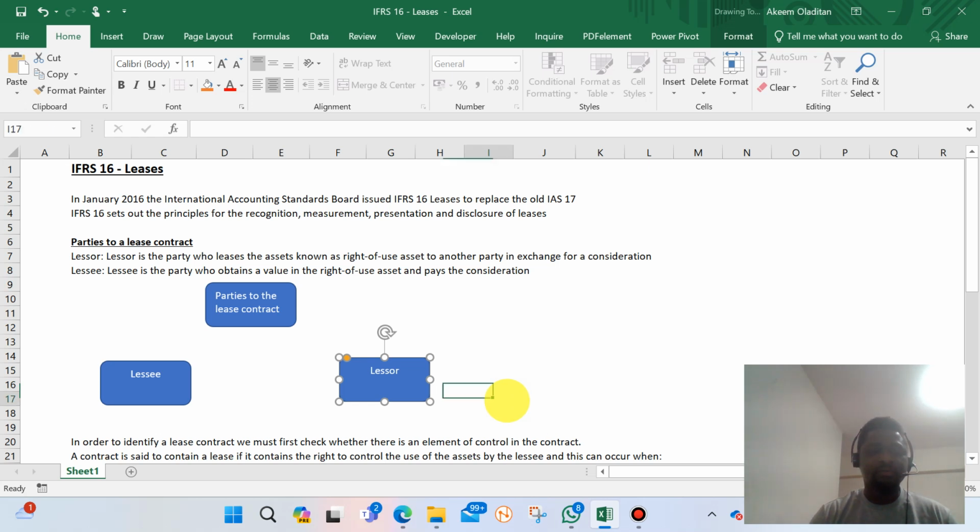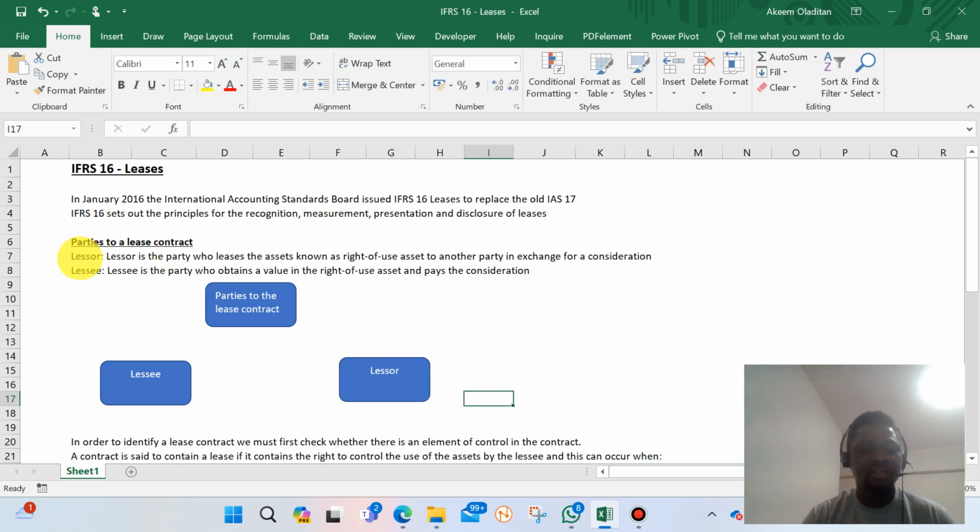According to IFRS 16, the lessor is the party who leases the asset, known as the right of use asset, to another party in exchange for consideration. So we have an underlying asset, and the party that originally owns the asset and decides to get a consideration by giving the right to use of that asset to another party is called the lessor.